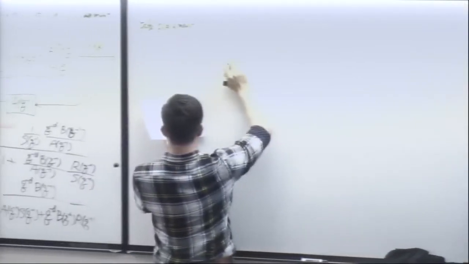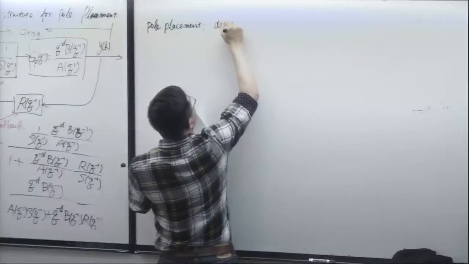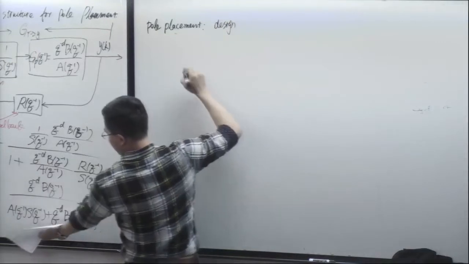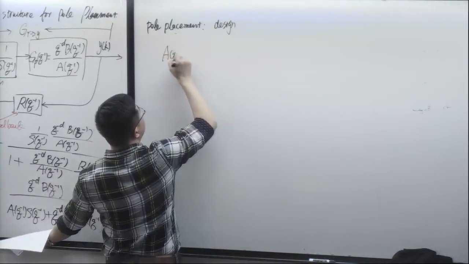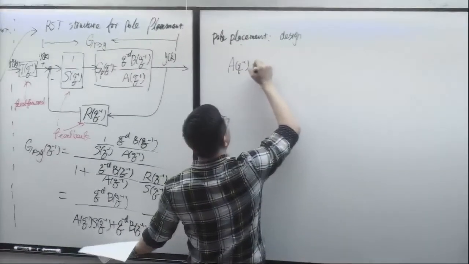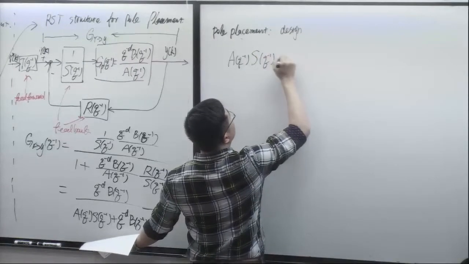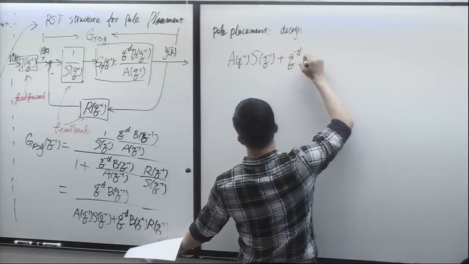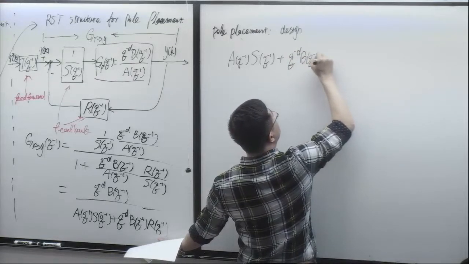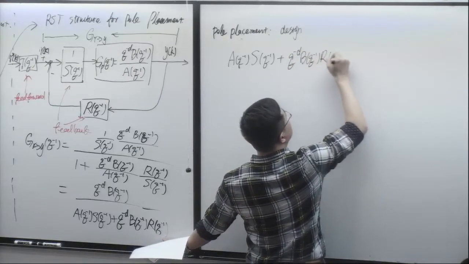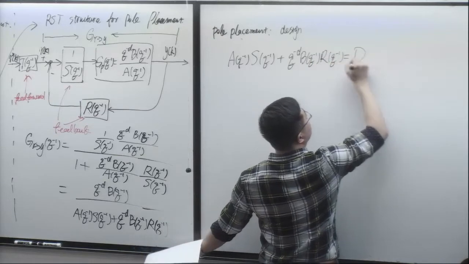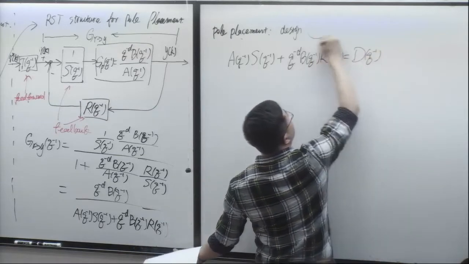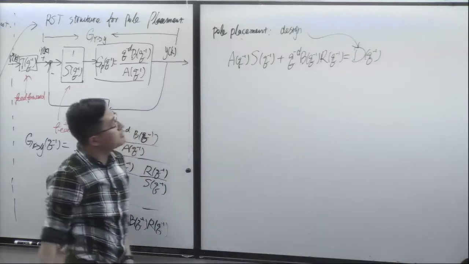So we design the closed loop characteristic polynomial to be, let's call it D. So let's design it this way.